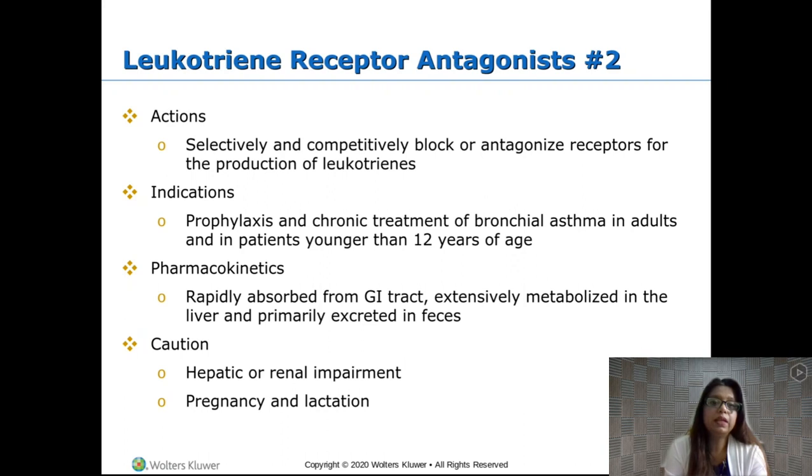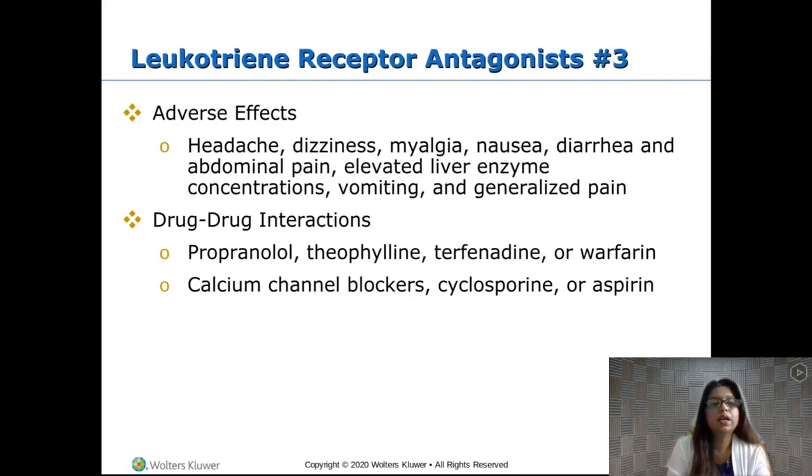Pharmacokinetics. It is rapidly absorbed from the GI tract and extensively metabolized in the liver, just like all other medications. Be cautious with pregnancy, lactation, and kidney or liver problems. Adverse effects could be headache, dizziness, myalgia, nausea, diarrhea, elevated liver enzymes, vomiting, and generalized pain.